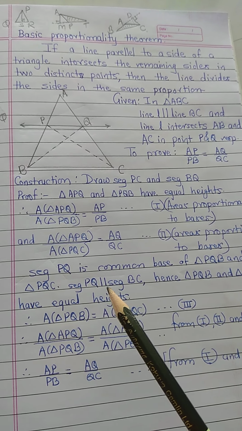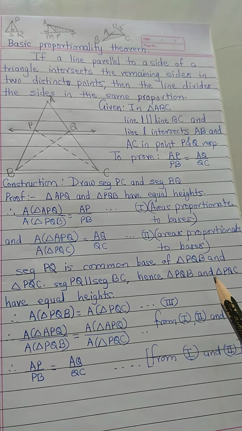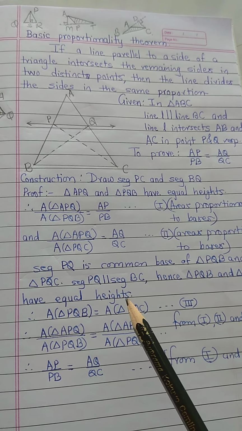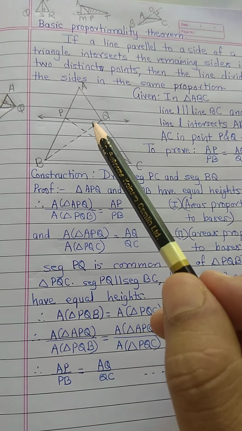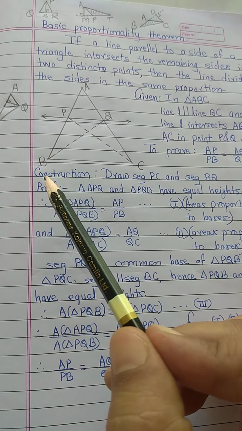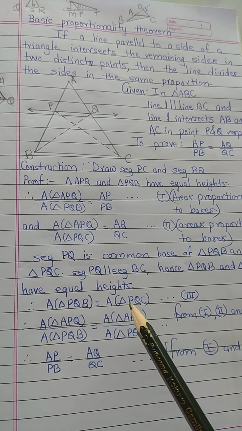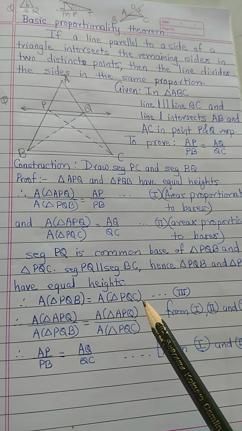Therefore, we can say that triangle PQB and triangle PQC have equal heights. As base PQ is common, heights are also equal. Therefore, areas of triangle PQB and PQC are also equal.